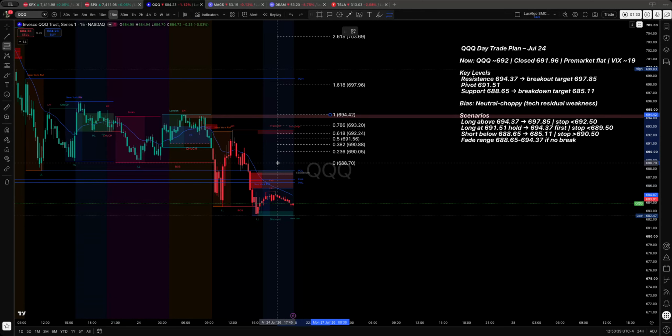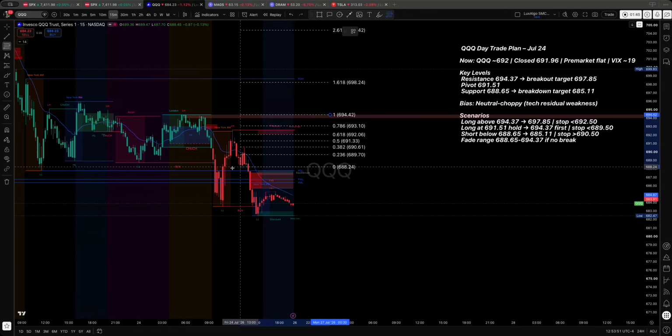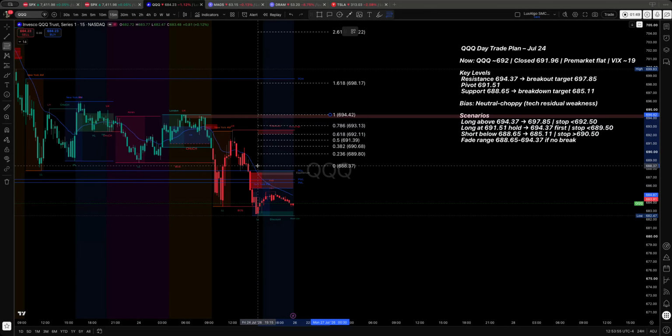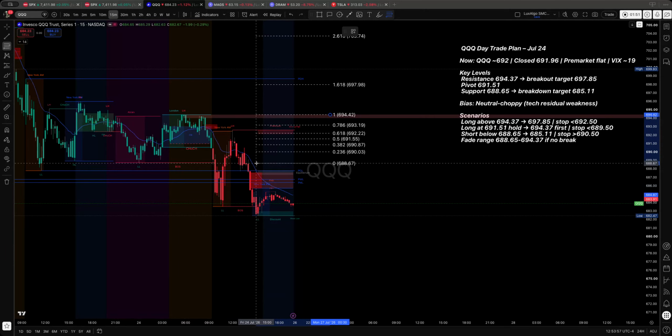I like when there's consolidation like that overnight, if there's not a big move, because it means that it's an accumulation and likely we'll get some type of distribution into the bell. So support 688.65, and we'll just go right about there.